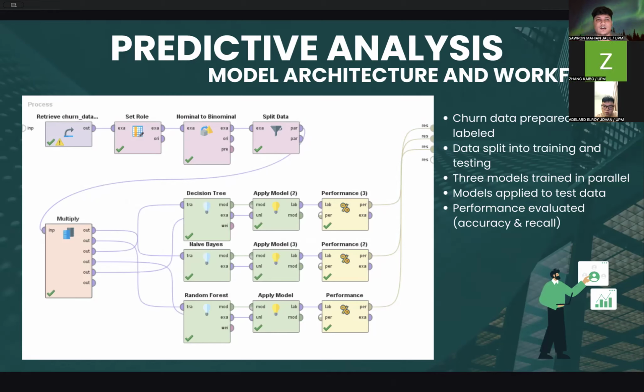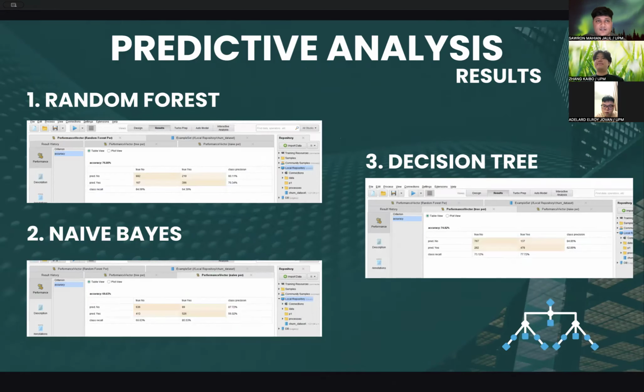Three machine learning models, Naive Bayes, decision tree, and random forest, were trained in parallel using the same data. Each model was applied to the test dataset and performance was evaluated using accuracy and recall to allow fair comparison. Moving on to the next slide.